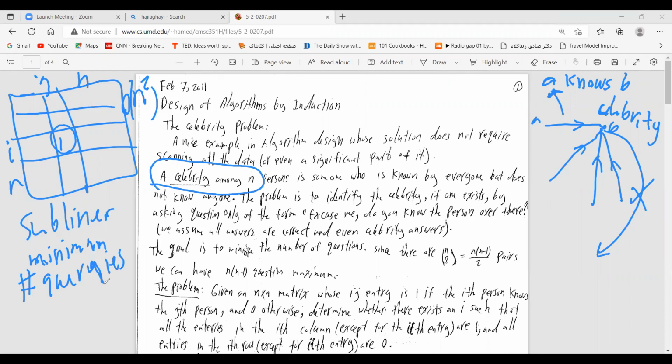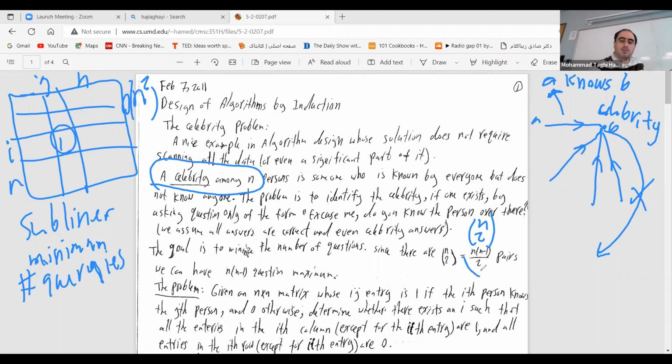Yes. Good. Now, the number of pairs here, of course, we have n persons, so we can have n choose 2 pairs, which is equal to n times n minus 1 over 2. And this is both ways. This is a directed graph in some sense. It may be the case that A knows B, but B may or may not know A. That we don't know.